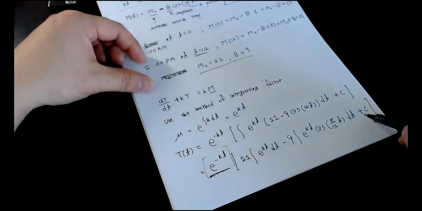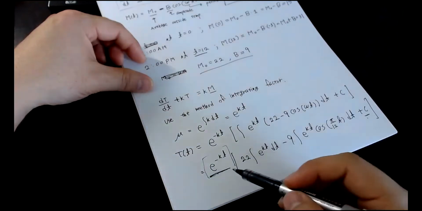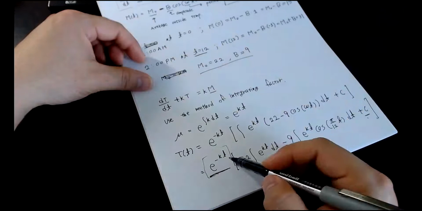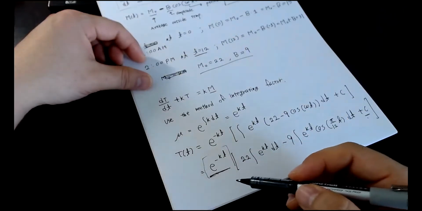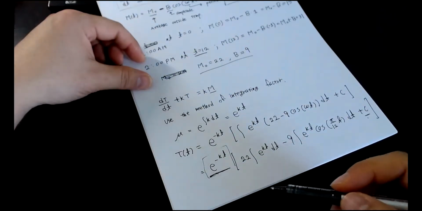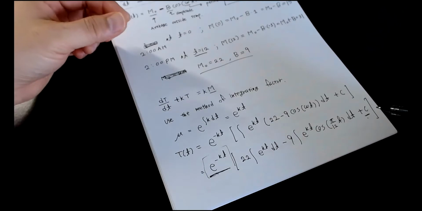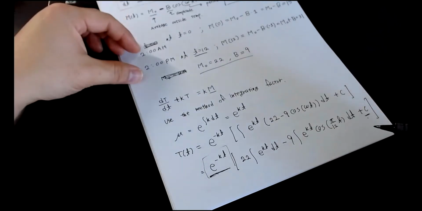The exponential term involves the C. When you distribute e to the negative kt, we get c times e to the negative kt. This is the exponential term involving the initial temperature T0, because c represents the initial temperature T0. That term has died off, which means that we ignore it.